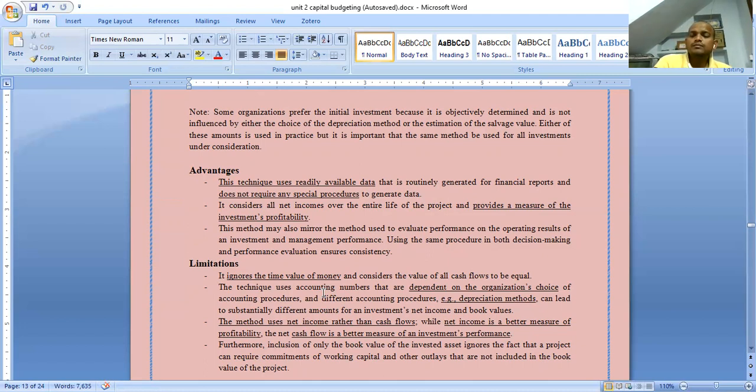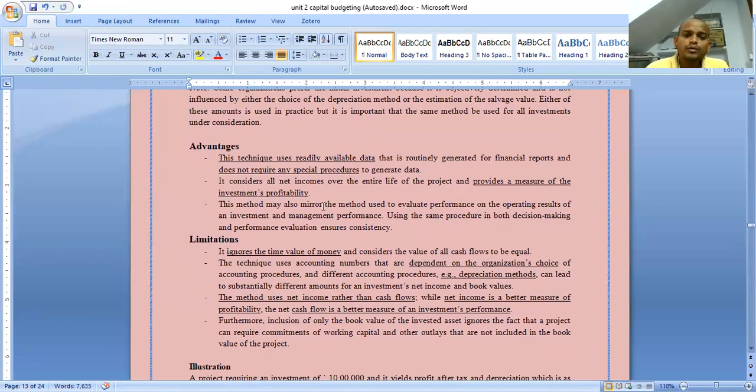The payback period method ignores the cash flows after the payback period, but this considers all net incomes over the entire life of the project. That is the advantage of the average rate of return.